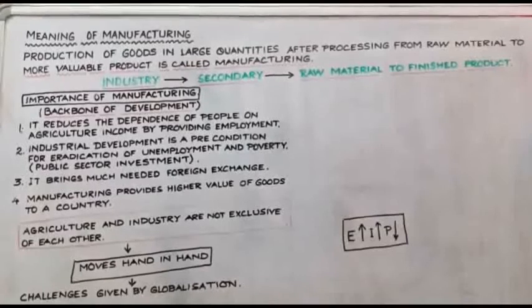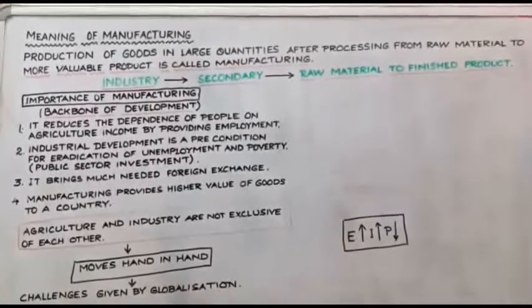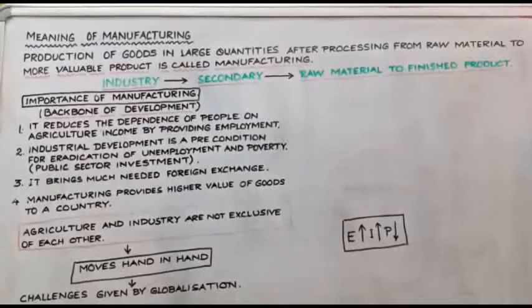Second, industrial development is a precondition for eradication of unemployment and poverty. So if we have industrial development, then it will help us to reduce unemployment, and it will help us to reduce poverty. On the right hand side there is a small box with EIP and arrow marks.